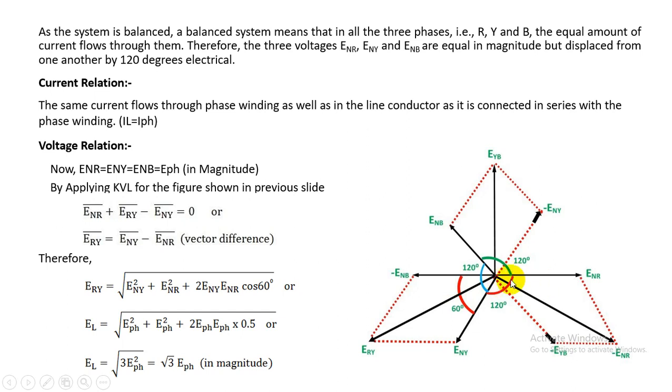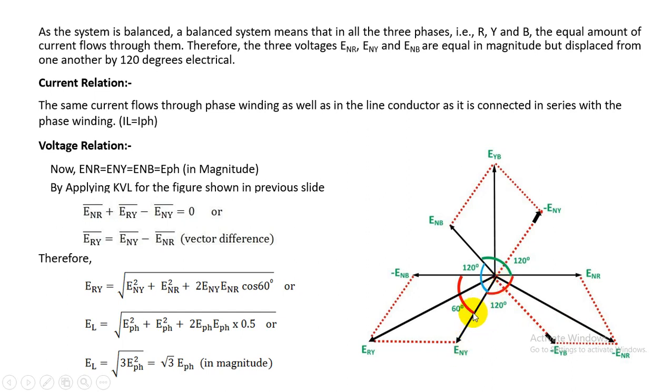Here we are considering ENR as the reference one, and opposite to this one will be its mirror image, that is minus ENR. And right from this place, taking 120 degrees in the clockwise direction, we take one more phase voltage, that is ENY.